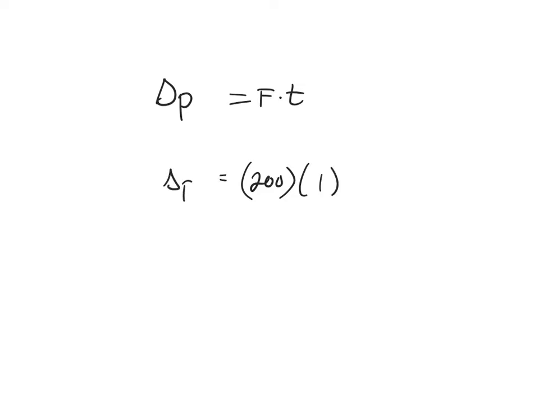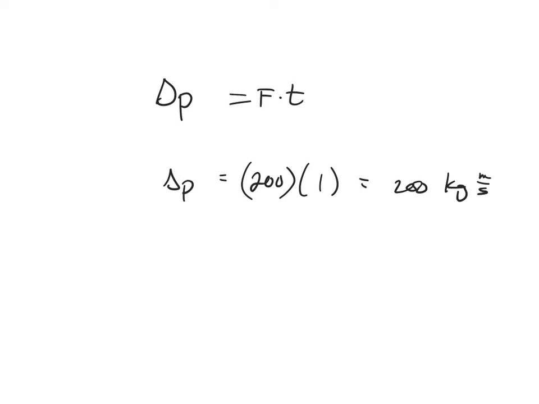So the change in momentum is simply 200 kilogram meters per second on the boulder. If I do this for the pebble, mass is not changing. Mass is embedded in here somewhere, but we're not looking for mass. This problem asks, is the momentum change the same for both? The pebble has the same force and the same time, so it's going to be the exact same momentum change. They both change with the same momentum.